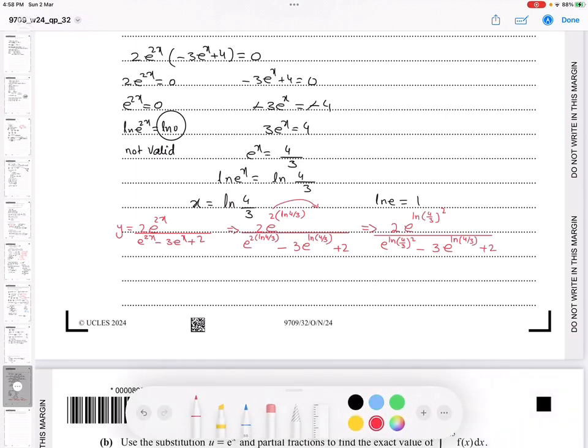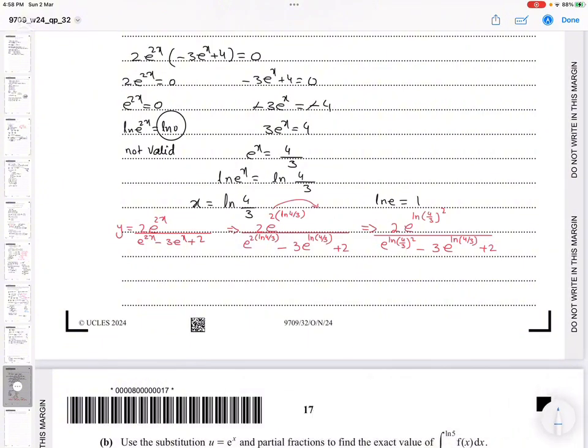Now e and ln will cancel each other out.